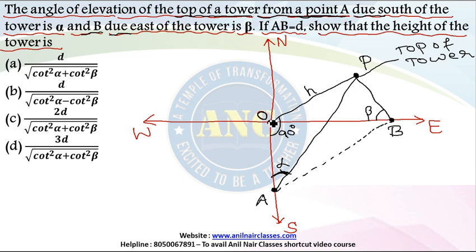The bottom of the pen sticking onto point O is the bottom of the tower, and the pen pointing towards you, that pointer is the top of the tower. From the top of the tower till this point A, the angle is alpha, and if you check, there will be 90 degrees.